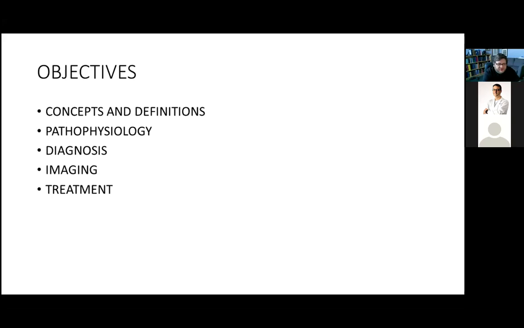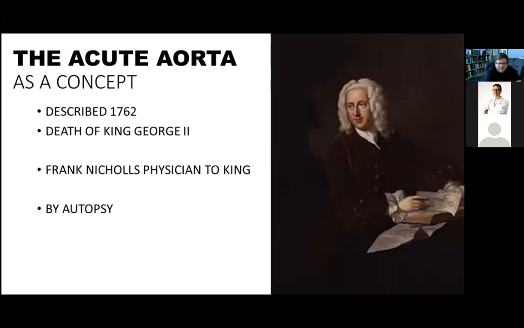We'll briefly go through concepts and definitions of pathophysiology, diagnosis, imaging, which is playing a much larger role in managing these as imaging gets better, and treatment. And I'll try to illustrate with a couple of cases. Like I said, this is not uncommon, and there's no shortage of cases for me to choose from.